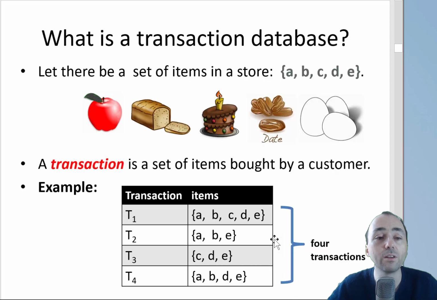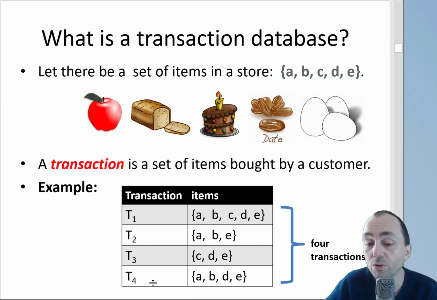So I will take a simple example here, where we have a database about the transactions from customers in a store. Let's say we have a store, and we have 5 products: apple, bread, cake, dates, and eggs. Here I have a transaction database, the table you can see.